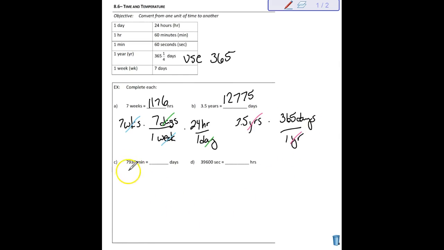Now we're going to convert from minutes to days. Remember, in this case, I don't have a direct conversion from minutes to days, but I can go from minutes to hours and then from hours to days. So we know that 1 hour is the same as 60 minutes, and we know that 1 day is the same as 24 hours.